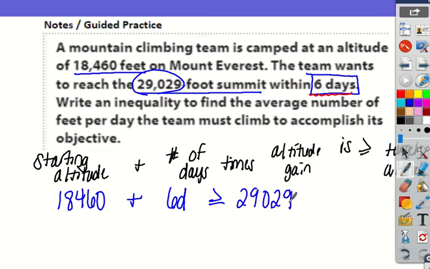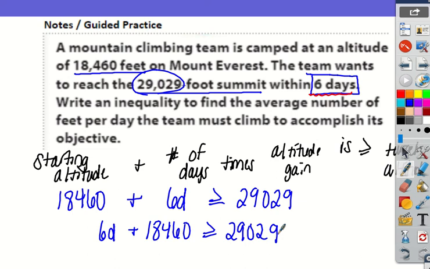Again, we're only writing these, not solving them. With the commutative property, I can also write it this way. There's multiple ways you can write it. In the end, we have to make sure that our sign is going to be greater than or equal to.